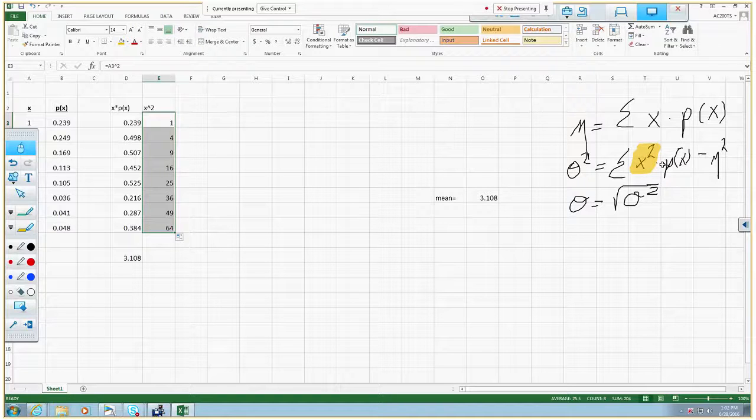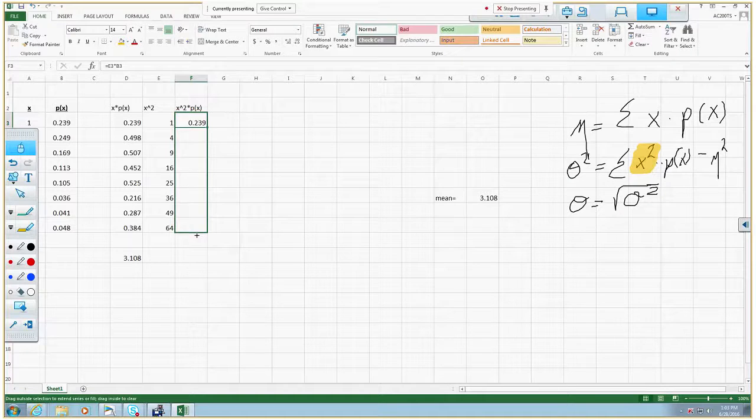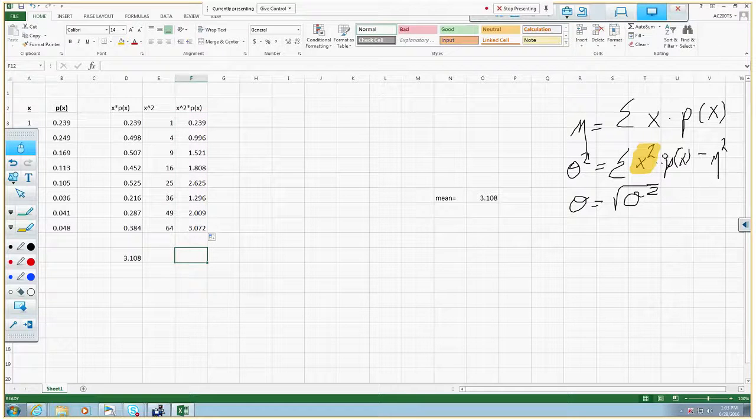I multiply it by P of x. So x squared times p of x equals x squared times p of x. And then I sum that up. Go back to your formula, and then minus.